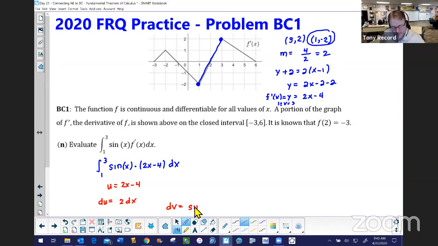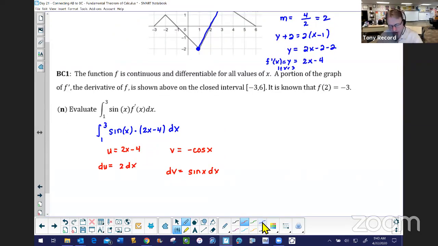Now for the dv, be very careful here because we have to integrate going upward to get our v, and the antiderivative of sine is a negative cosine. And now we just assemble our integration result, u times v. And notice what I'm doing here. I'm going to write my u times v.